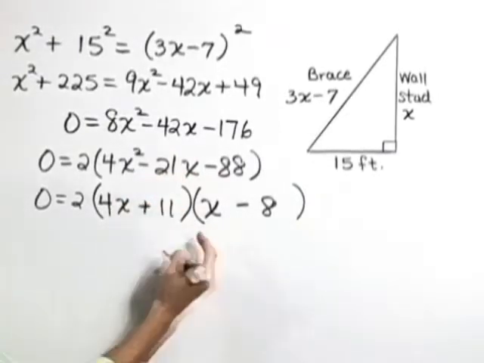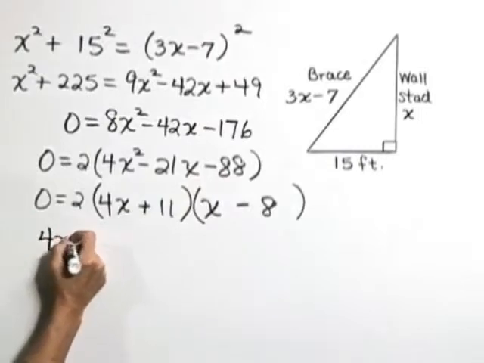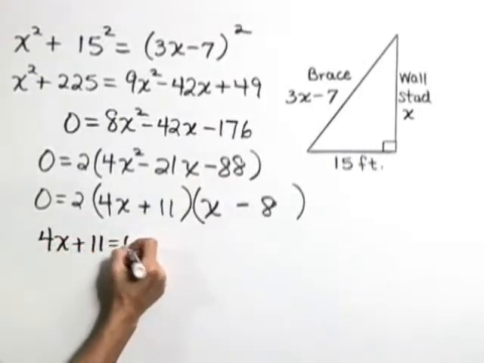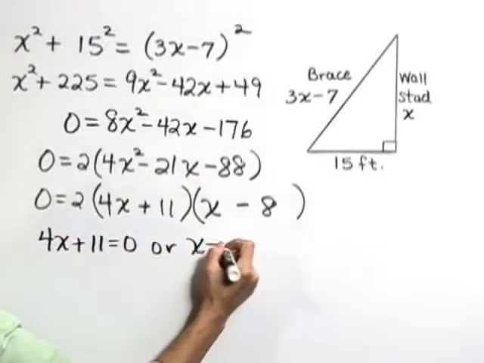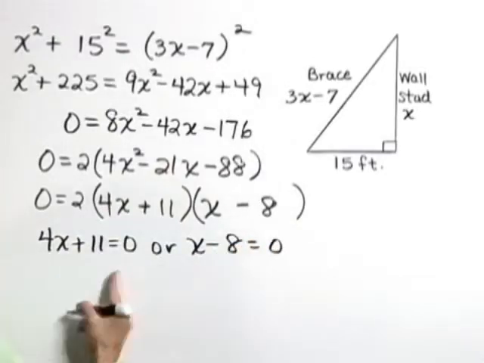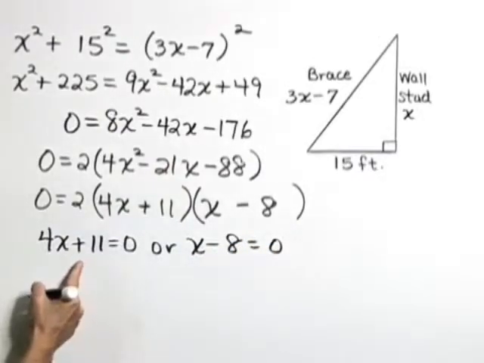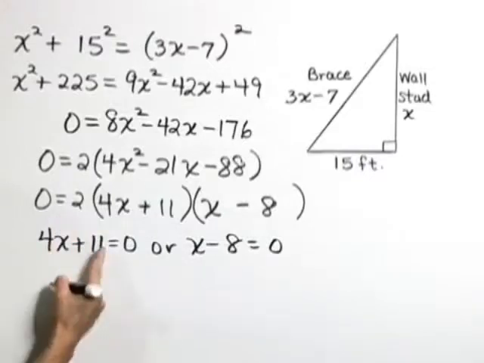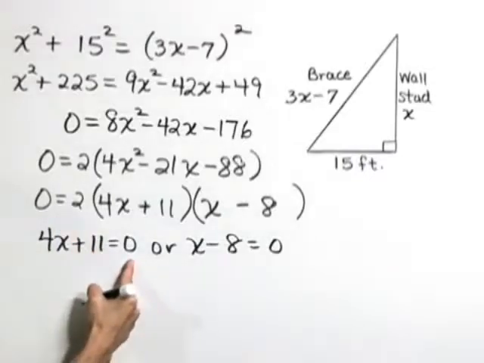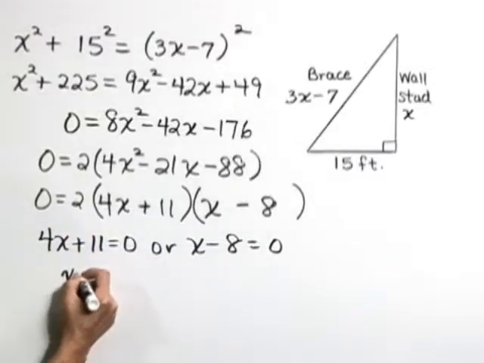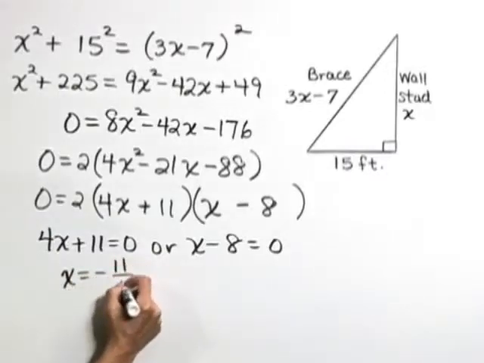Now using the zero factor property, either 4x plus 11 is equal to 0 or x minus 8 is equal to 0, or both. Solving for x in our first linear piece by subtracting 11, then dividing by 4 gives x is equal to a negative 11 fourths.